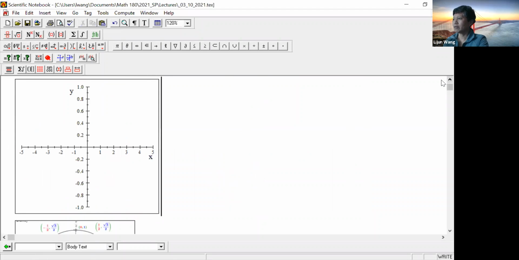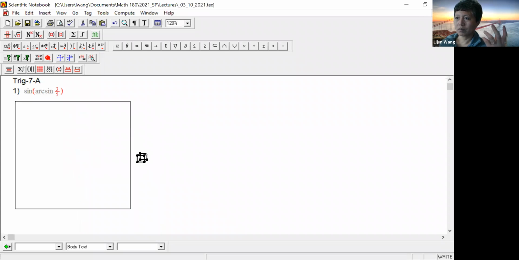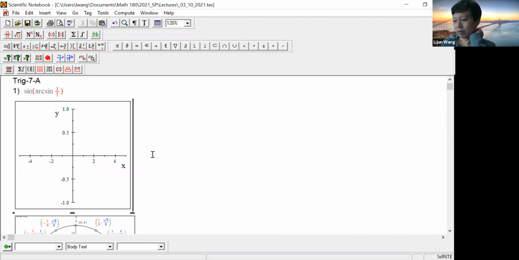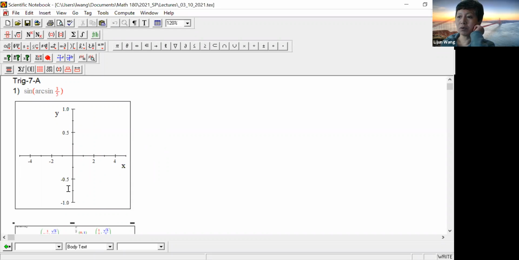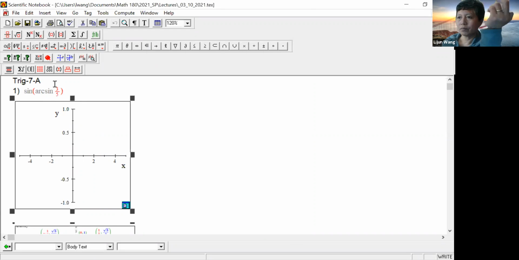What's the definition? Angle measurement: positive angle, negative angle, counterclockwise, clockwise, reference angle. If I do it from the angle's perspective, what will happen? The input for arc sine is this ratio, and I know it is going to give me an angle.